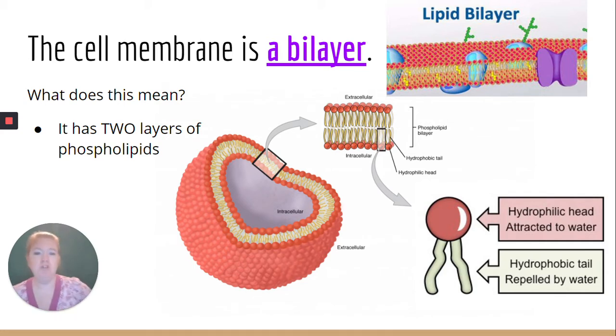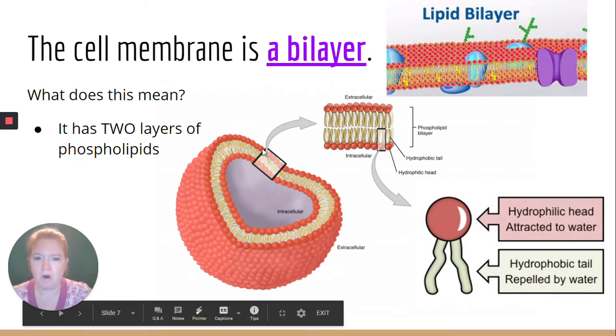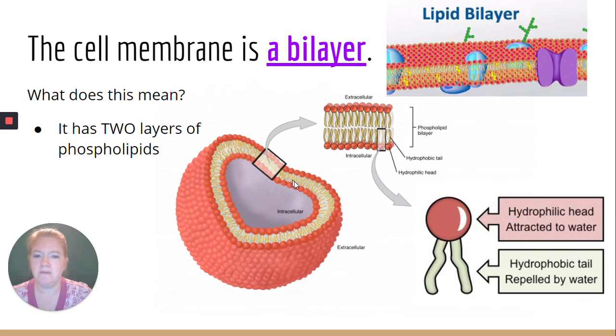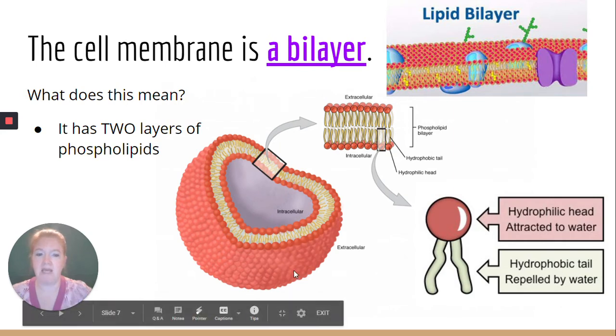Hydrophobic. So what happens, because our body's mostly made of water, more than 50%, the part that loves water needs to be on the outside. So if you can see in this picture, all of the heads of the phospholipids face the outside. All of the heads of the phospholipids face the inside in that bilayer.